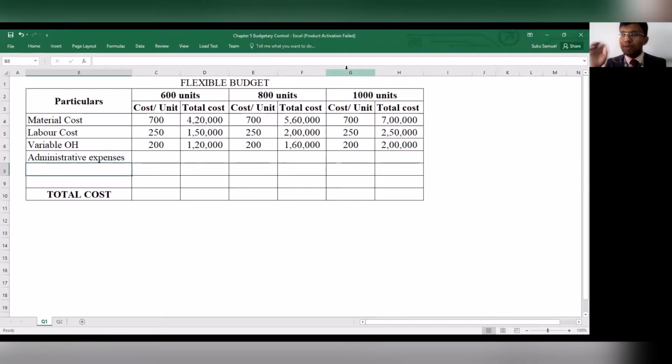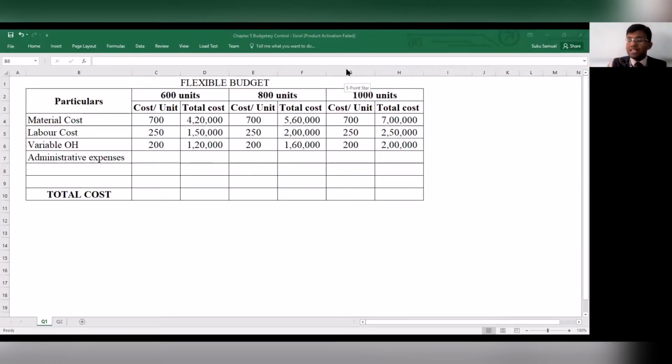Now what do you mean by fixed cost? Fixed cost is the cost that remains the same irrespective of the level of output. Now how do I know that this particular cost is fixed? Because it is told to me in the question that the administrative expenses is rigid for all levels of production. It will not vary.